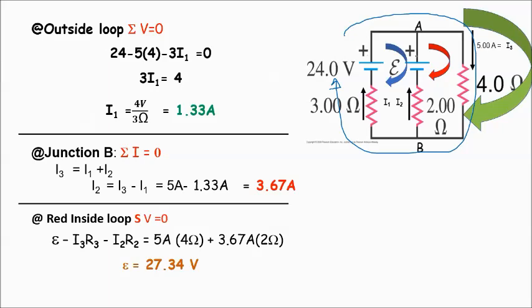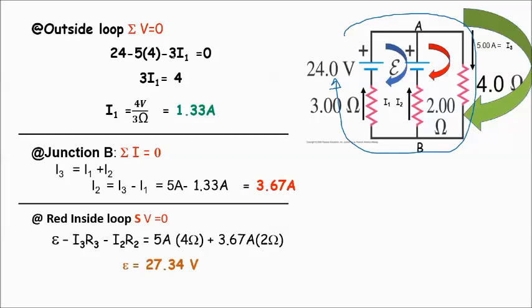And then next, the 4 ohm resistor, with 5 amperes. 5 amperes is I3, so negative I3 times 4. Substitute 5 times 4. And the next, the 3 ohm resistor with I1.